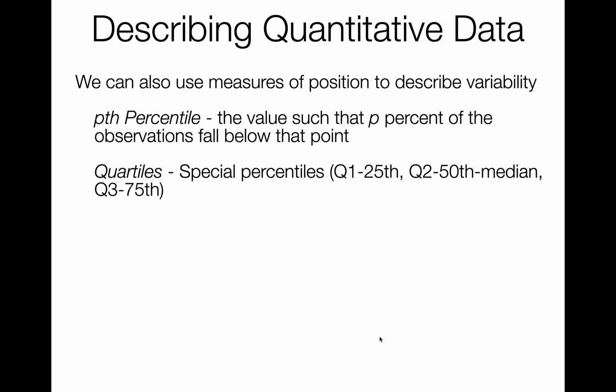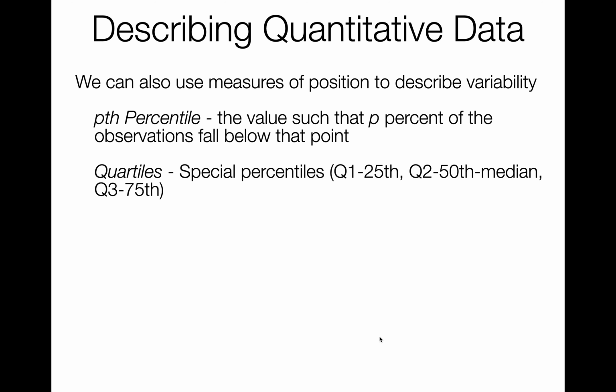Q2 is the 50th percentile. And it turns out that the 50th percentile, or the middle of the data, is the median. So Q2 is the median, and then Q3 is the 75th percentile. Okay, so there are 3 special percentiles that cut the data into quarters. Okay, hence why they're called quartiles.